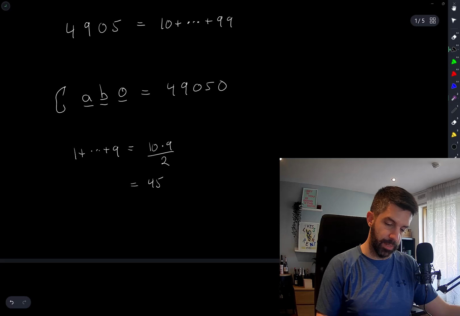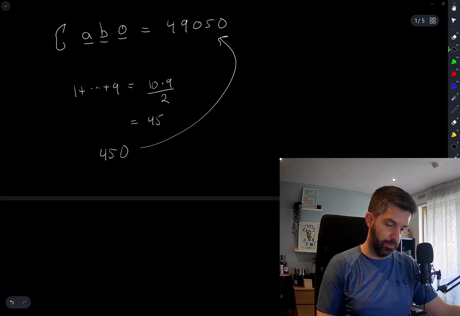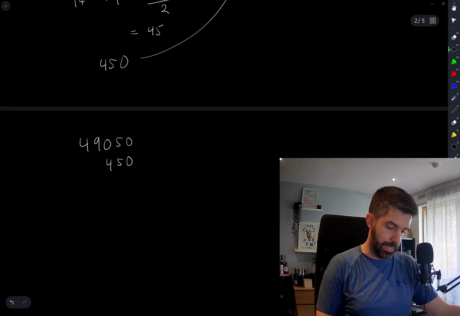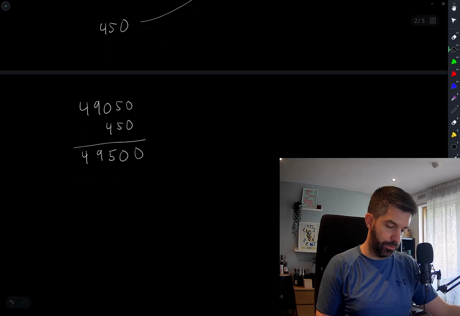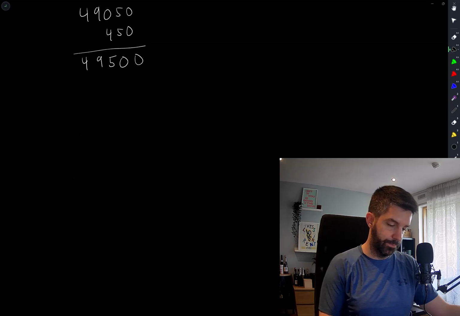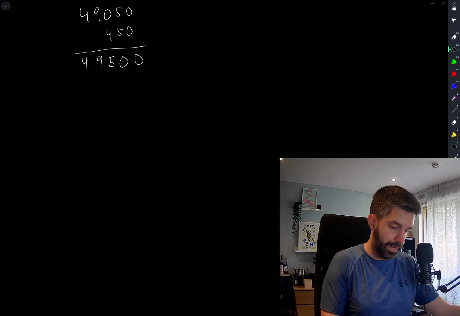So I have to multiply this by 10. This is what's missing from that sum. Okay, so 49050 plus 450, that's the sum of all the palindromes, and I need to divide that by 90. So my answer is 49500 divided by 90.